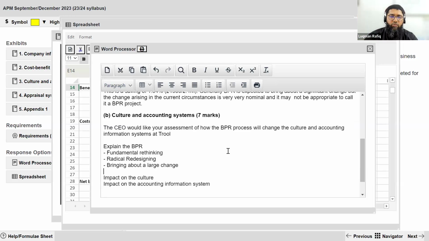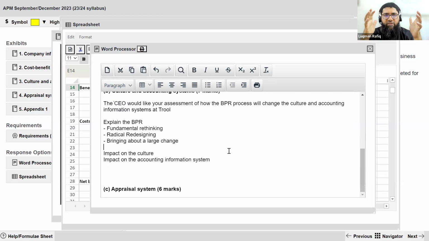When we talk about business process reengineering, it is going to be a fundamental rethinking, a radical redesigning, like bringing about a large change.